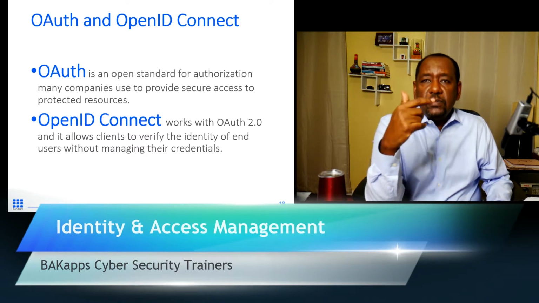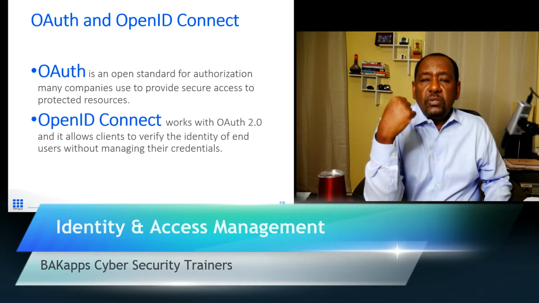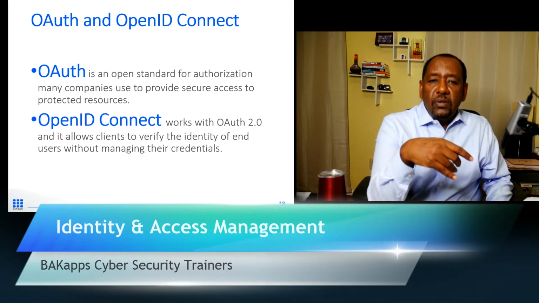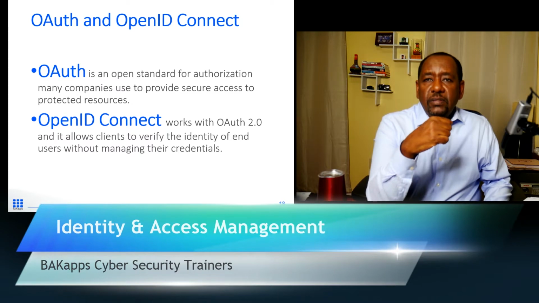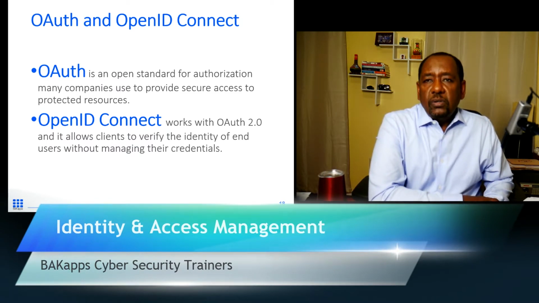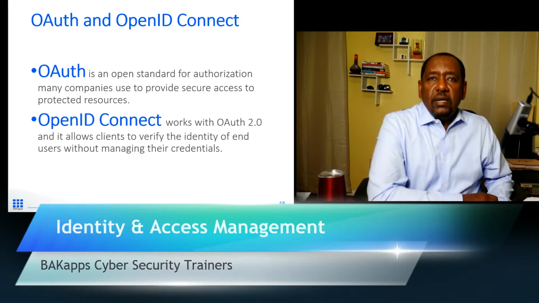So instead of telling you to create a username and a password, they ask you to use your PayPal username and password to authenticate to our system, or your Facebook. This is getting very popular and very common. So that is what we call OAuth and OpenID Connect.